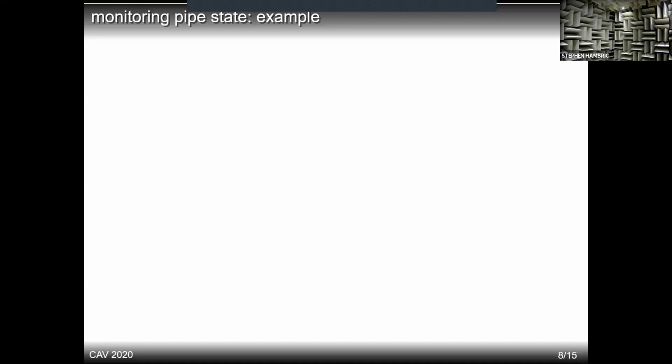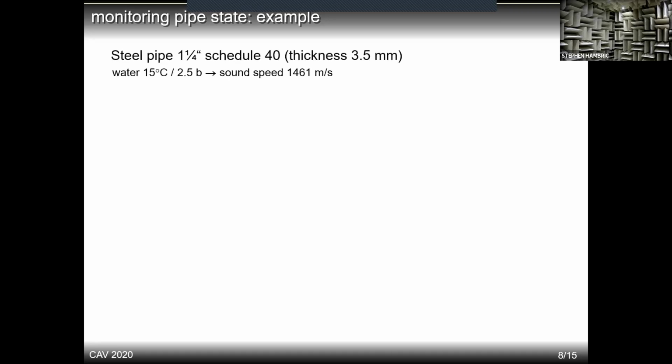Here we shall show how we can monitor either the sound speed in the fluid or the pipe thickness through a concrete example.